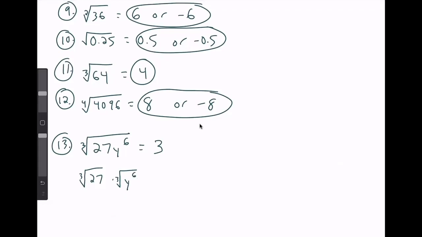Okay. So what you're going to do is look at this and say, all right, I can find the cube root of y to the 6th power, and the way I can find that is by saying y squared, because 3 times 2 gives me 6.